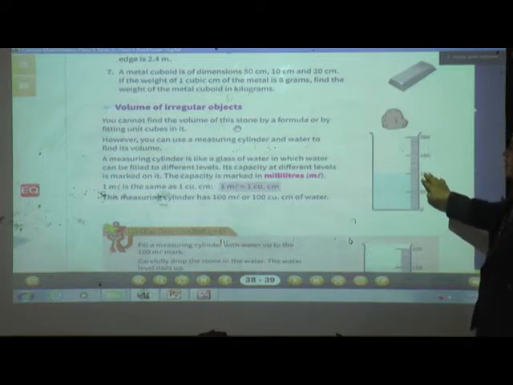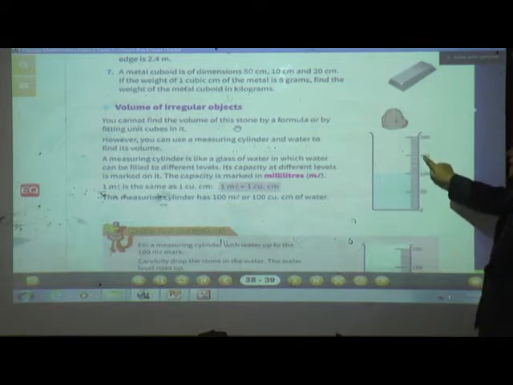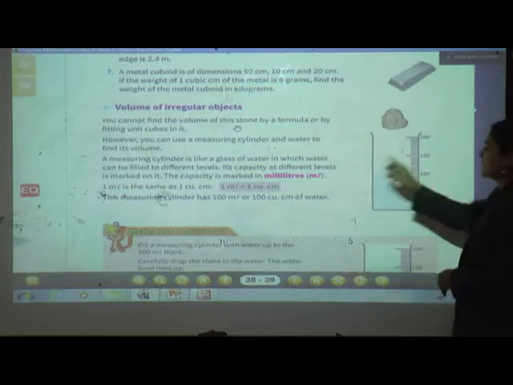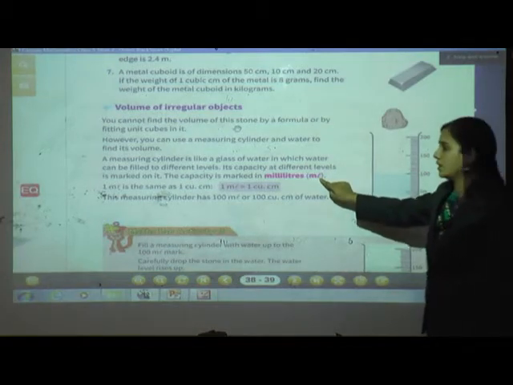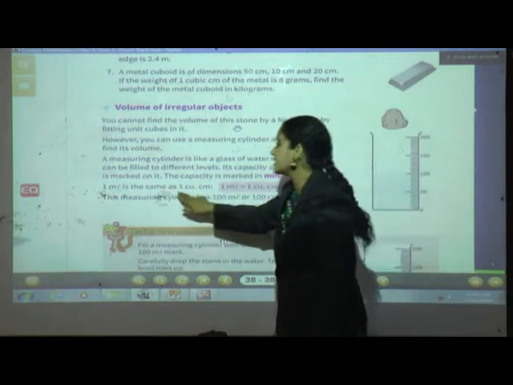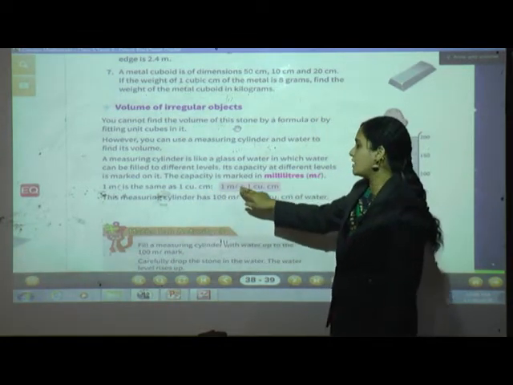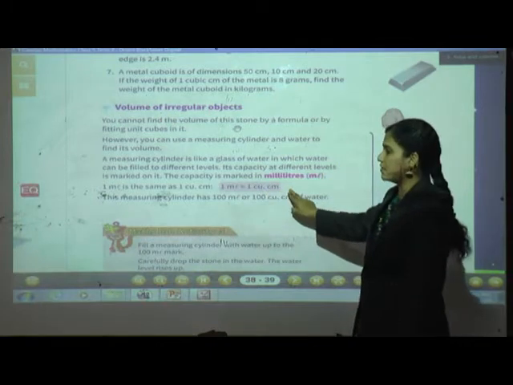Its capacity at different levels is marked on it, in milliliter, that means ml. 1 ml is the same as 1 cubic centimeter.